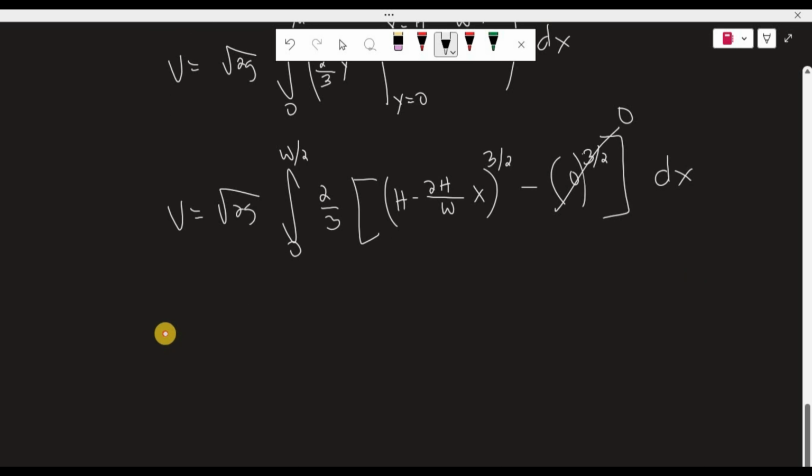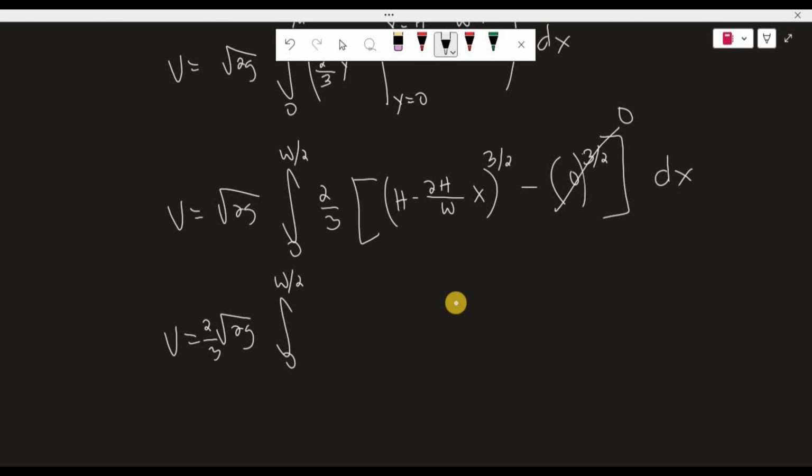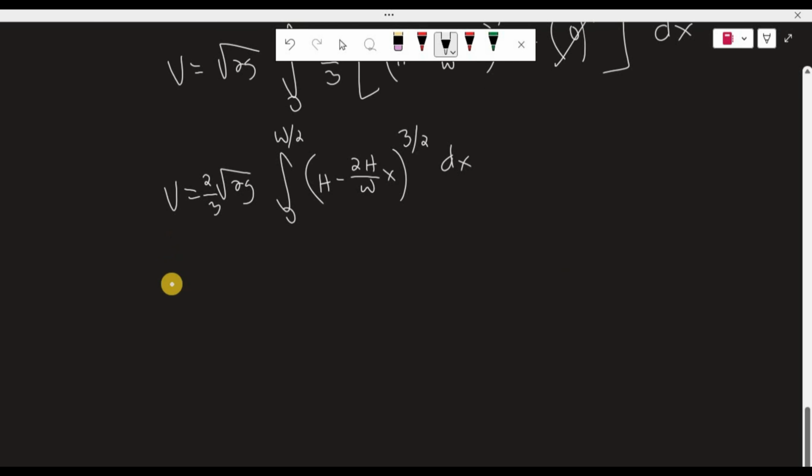Now V equals the square root of 2g, 0 to w over 2. Let's put 2/3 outside, and then h minus 2h over w x to the power 3/2 dx. So volume equals 2/3 square root of 2g.